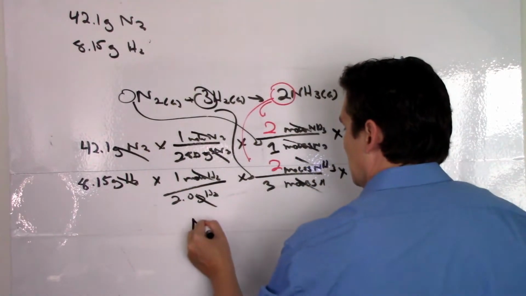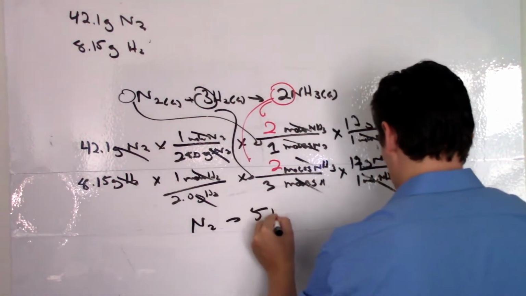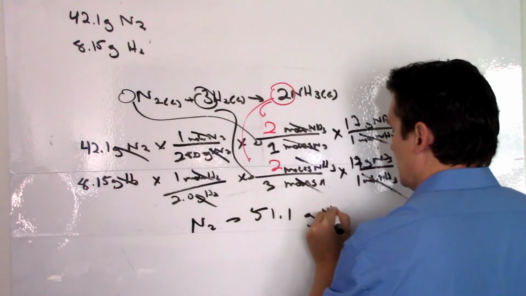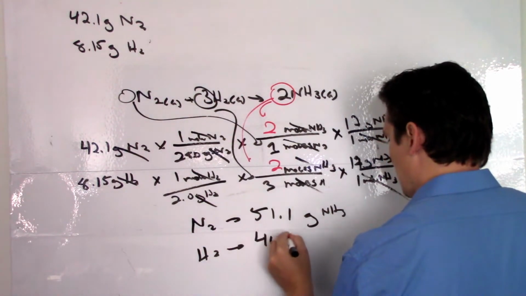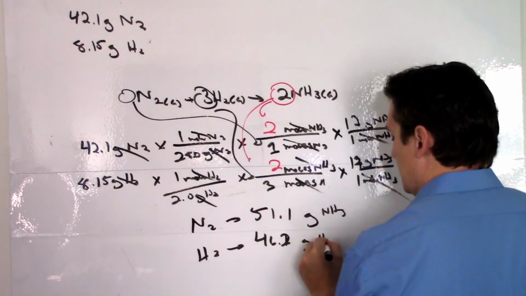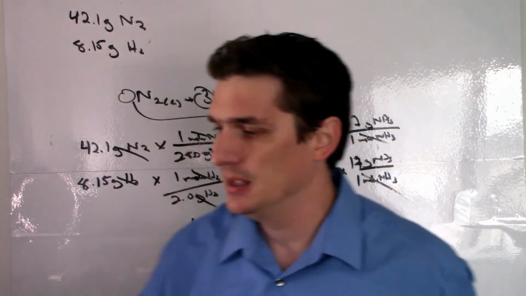Based on our nitrogen, we will produce 51.1 grams of ammonia. And based on our hydrogen, we will produce 46.2 grams of ammonia.